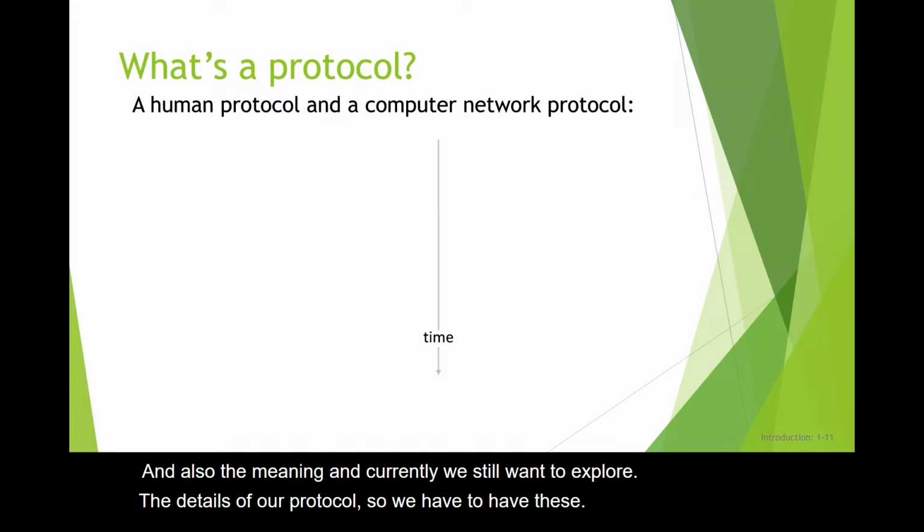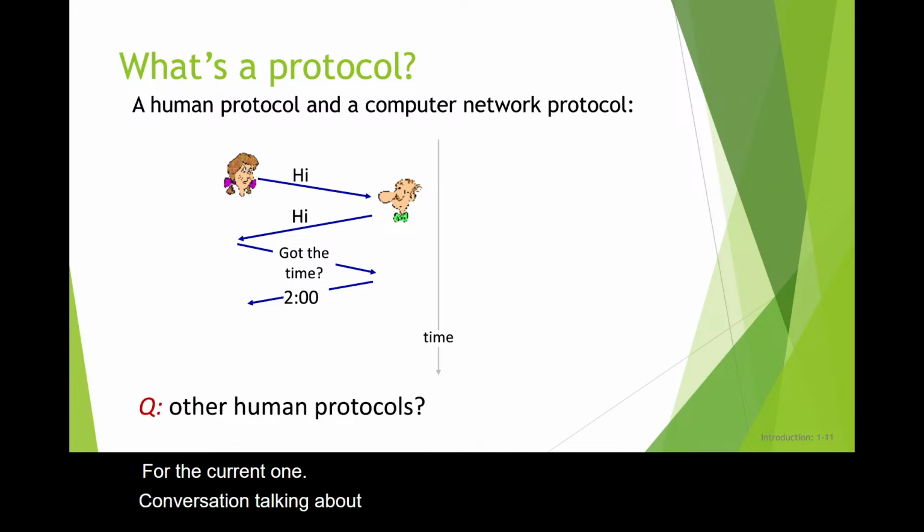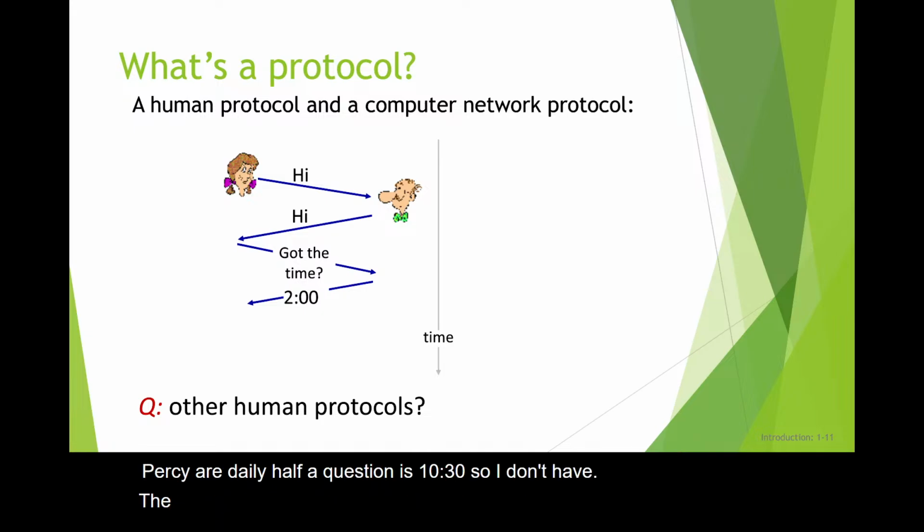Well, for the current one, conversation, talking about time. Previously, I already had a question: is it 10:30? So I don't have the possible reference model. So here we have a reference model.